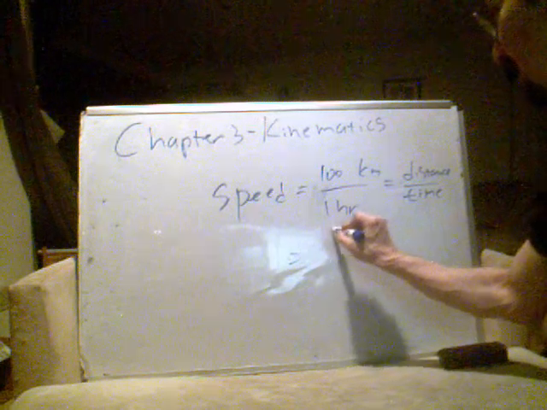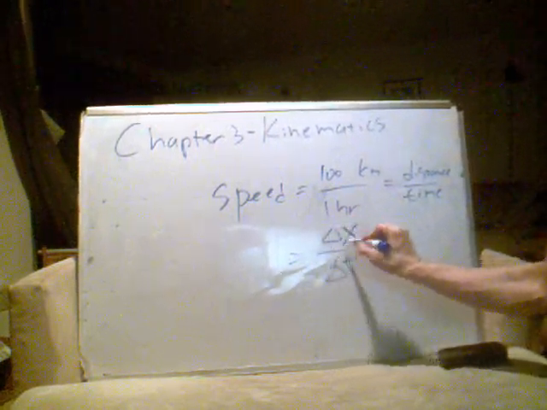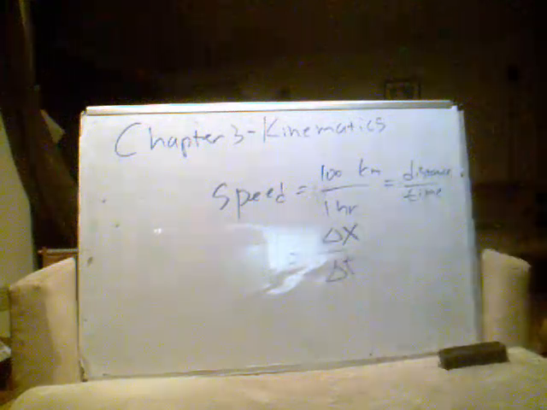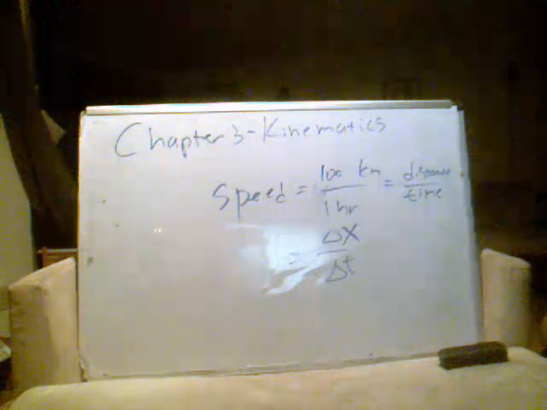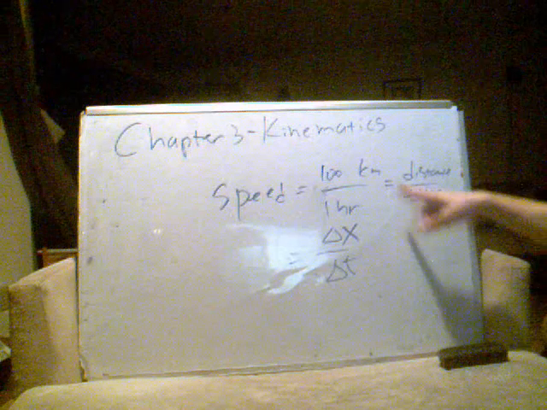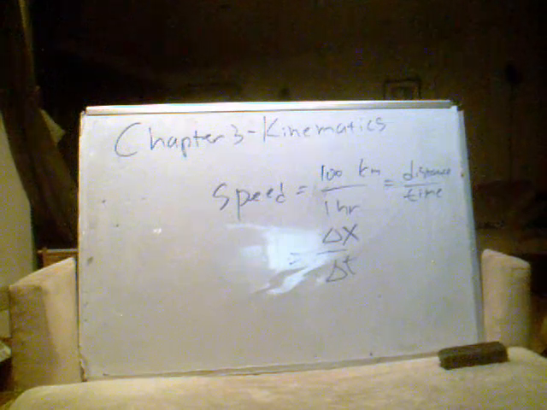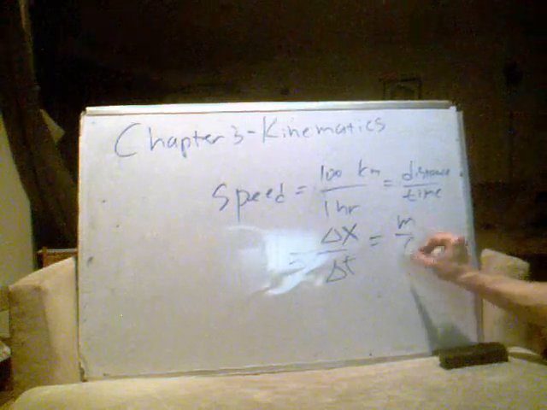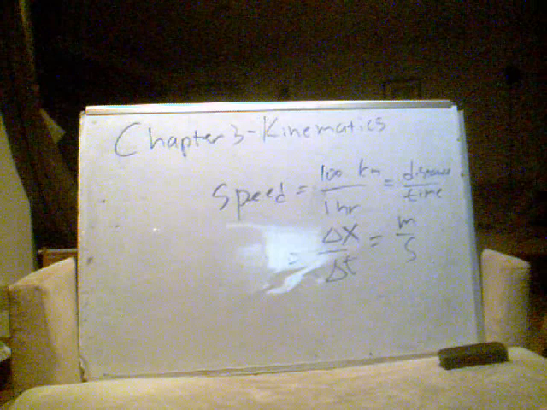Sometimes we write that as change in position over change in time, distance over time, however you want to say it. Now, we don't use miles in science, of course, and so usually we use something like meters per second, kilometers per hour sometimes, it just depends. For our intents and purposes, most often we're going to use meters per second, because we're going to be talking about small distances and small units of time.